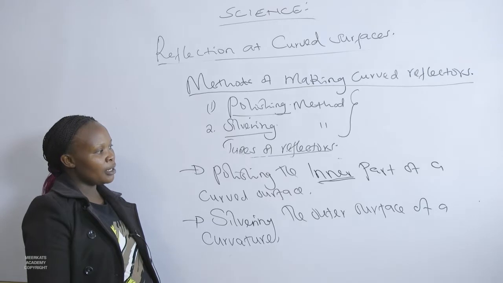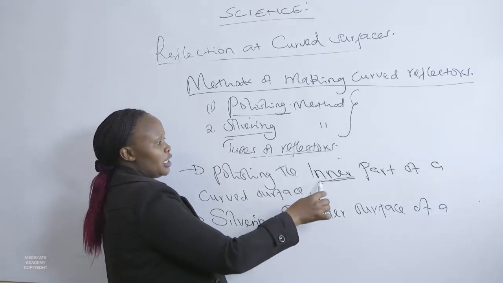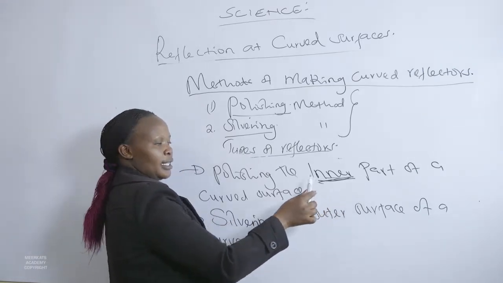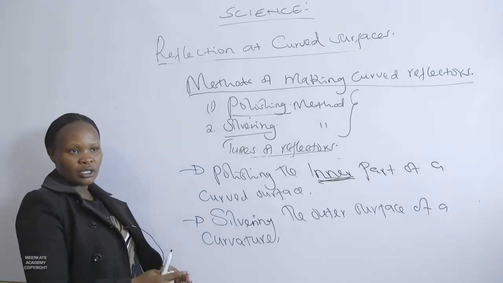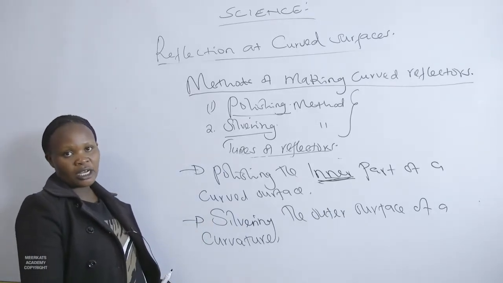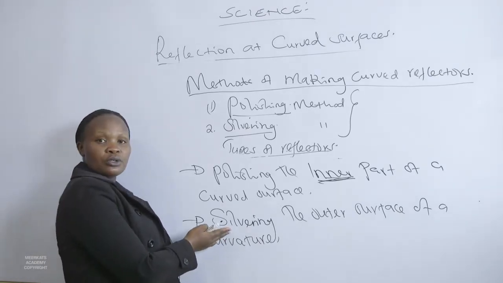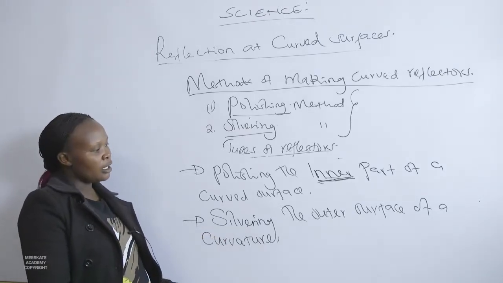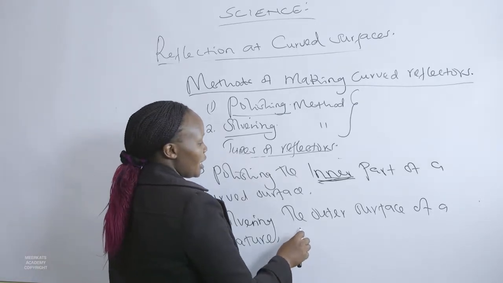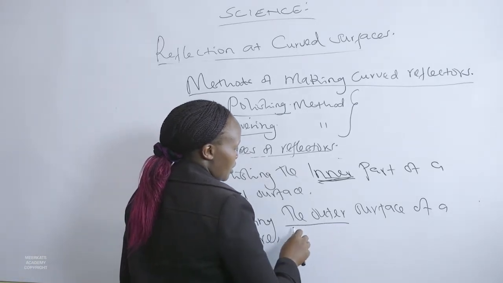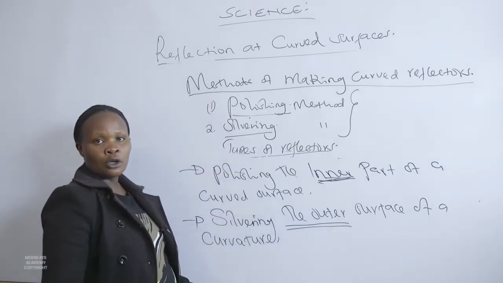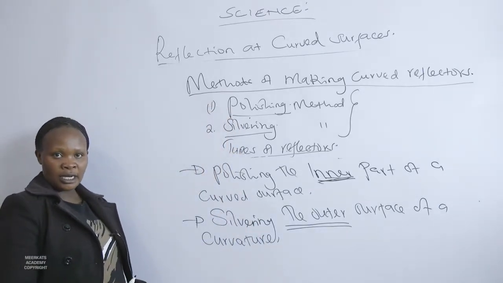Now, remember, if you want to polish, it's the inner part or the inner surface of your curvature. But if you choose to settle on silvering, then you consider the outer surface of your curvature.